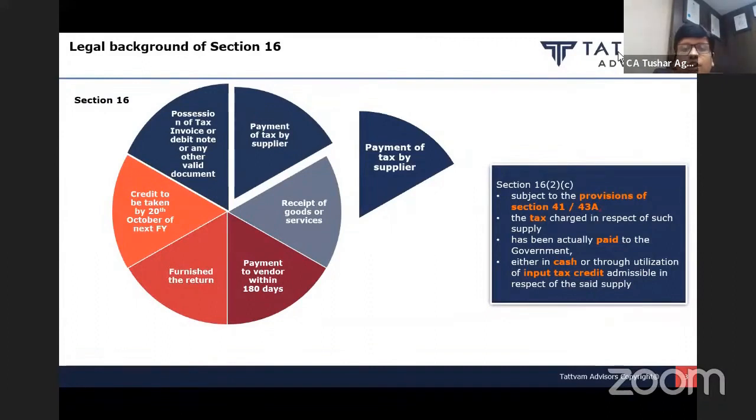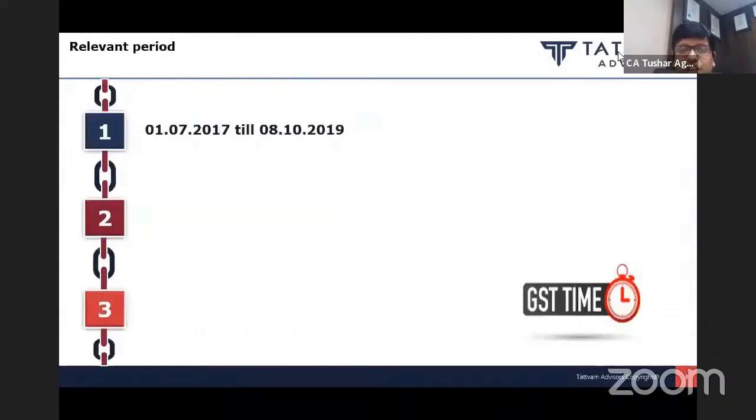Second, I should have received the goods in my premises, then only credit is available. Third, the supplier should have paid the tax to the government. Fourth, I must have filed my GST returns. Now, a very important condition has been introduced in section 16, which will be effective from 1st January 2022.